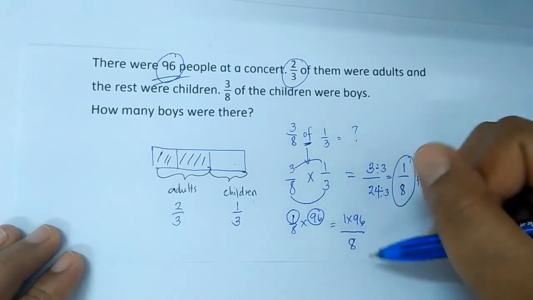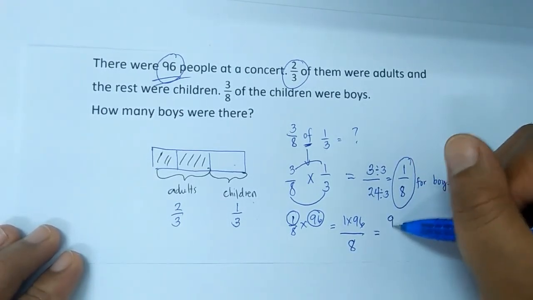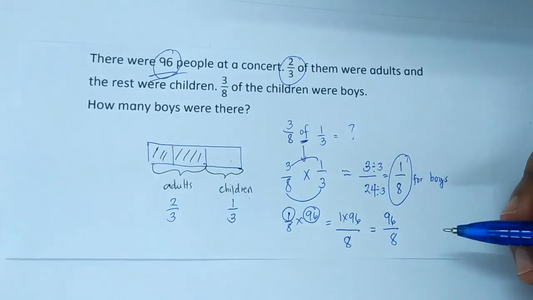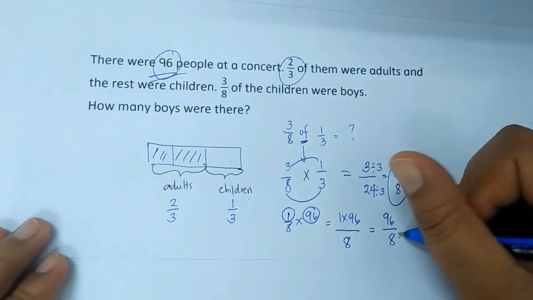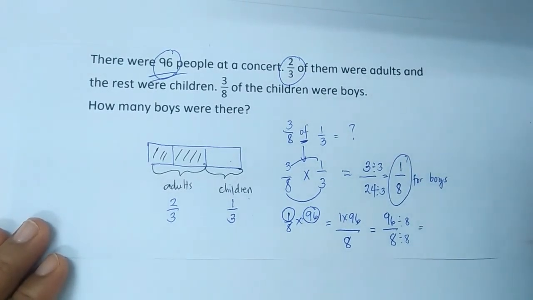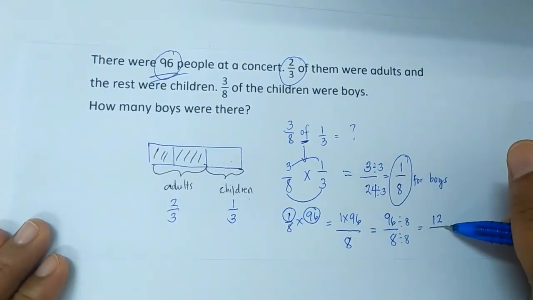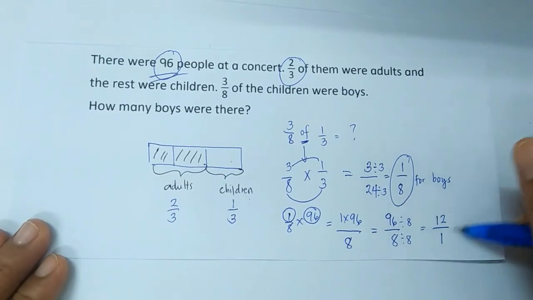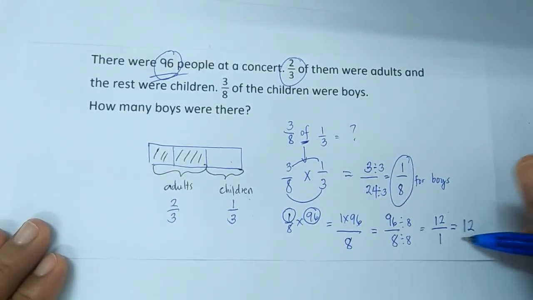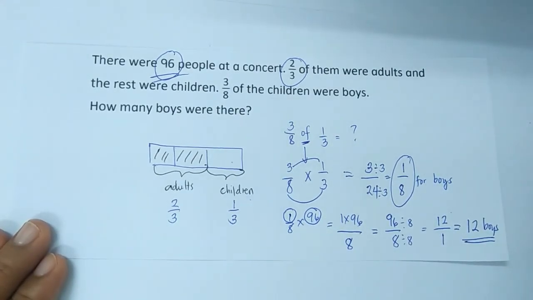Then copy the denominator. 96 over 8. Very good. Simplify by dividing 8 and 8. 96 divided by 8 is 12. 8 divided by 8 is 1. 12 over 1 is simply 12. Therefore, we have 12 boys.